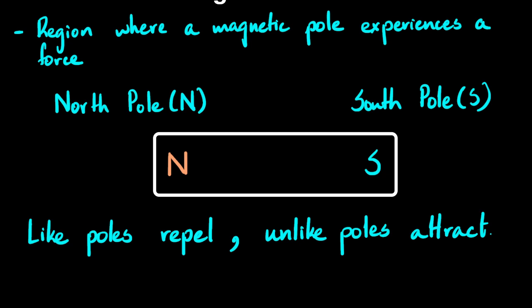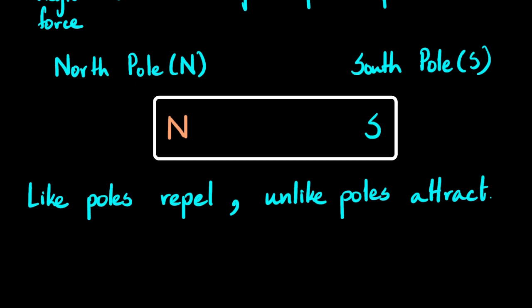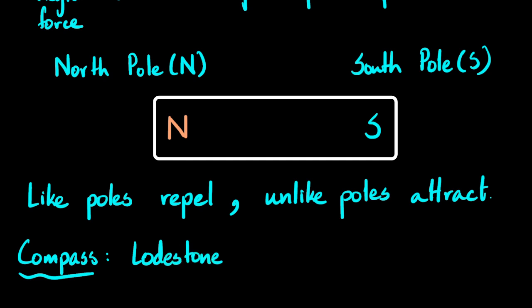So the most important and also the very first example of magnetism that humans ever discovered was the use of a compass. And what a compass is made of is basically some magnetic material. The very earliest compasses were made of lodestone, which is basically an oxide of iron.